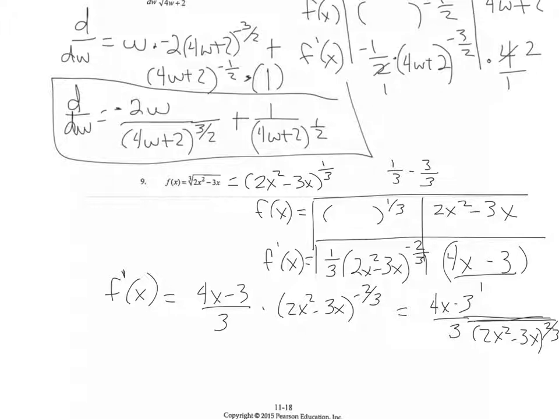If you had put it into radical form, that would have been 4x minus 3 over, we would have our 3 outside the radical, and then we would have taken the cubed root of 2x squared minus 3x, and that would have been squared. Notice it doesn't come out from the radical because it's a cubed root, and I only have 2 of those being multiplied together.